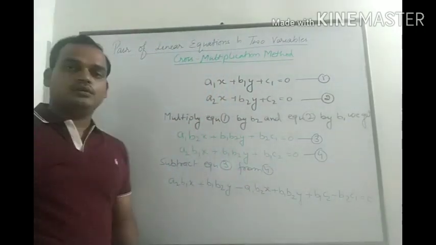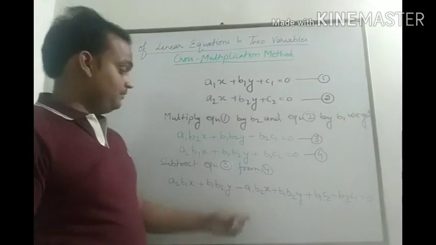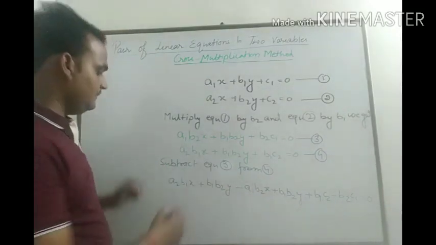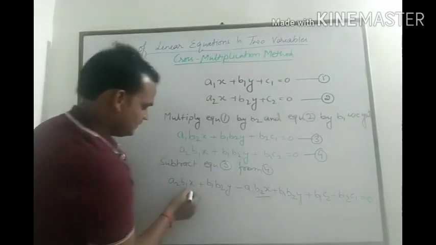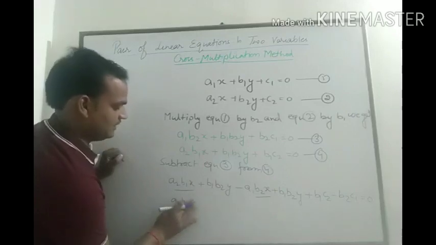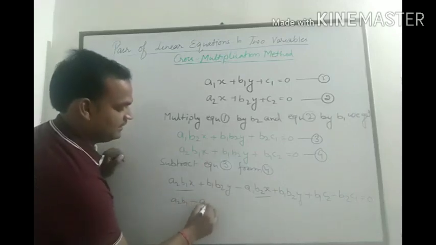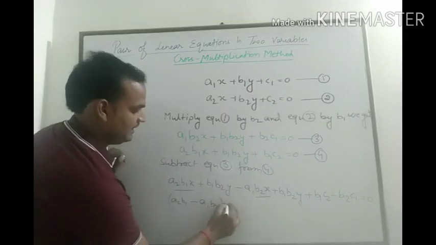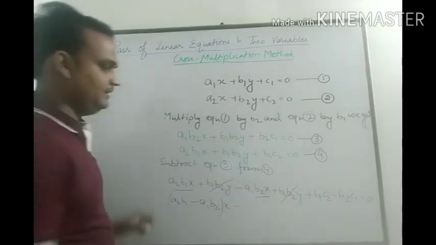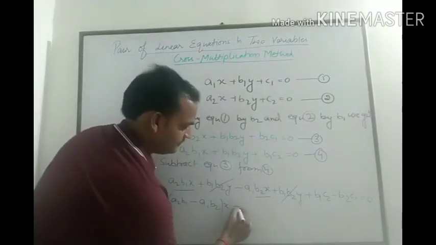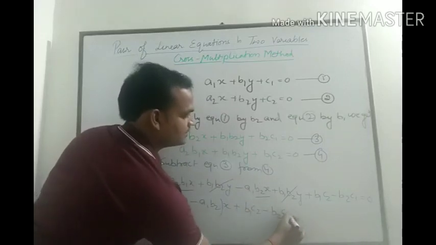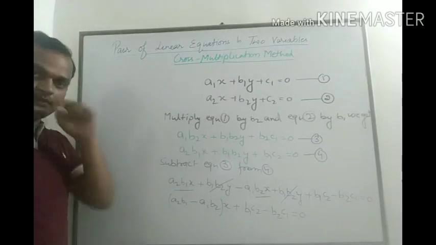Now we will arrange them with the coefficient of x together and the coefficient of y together. So we will get x taken as common, a2 b1 minus a1 b2 times x, and the y terms will be eliminated, plus b1 c2 minus b2 c1 equals 0.